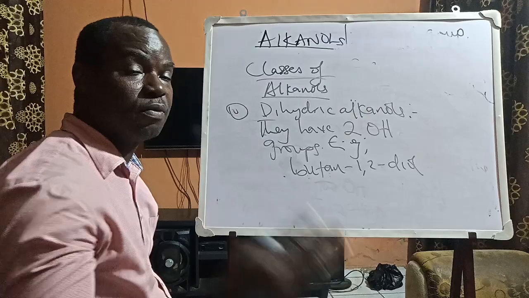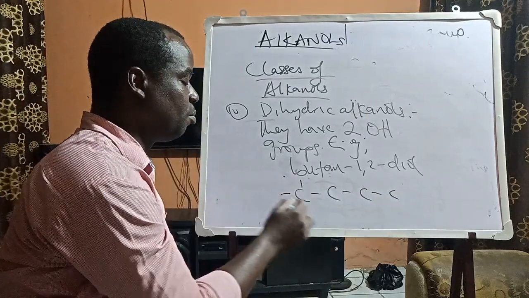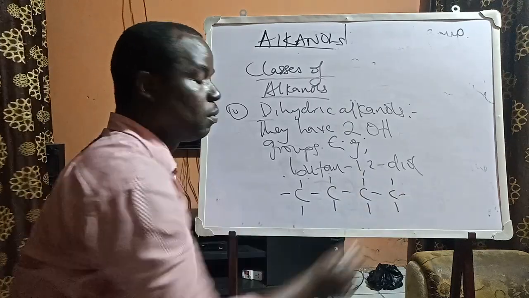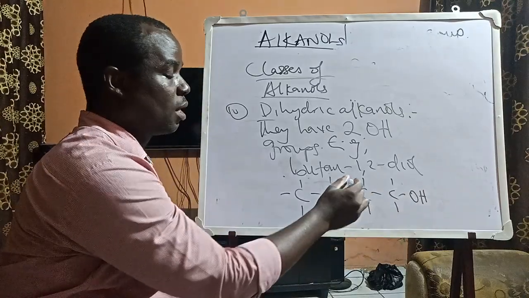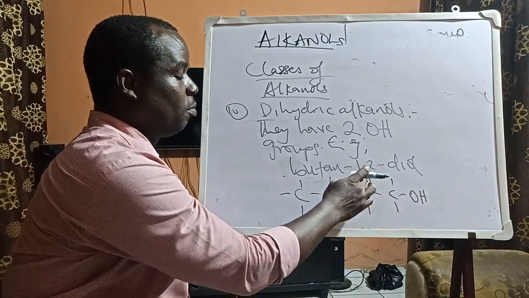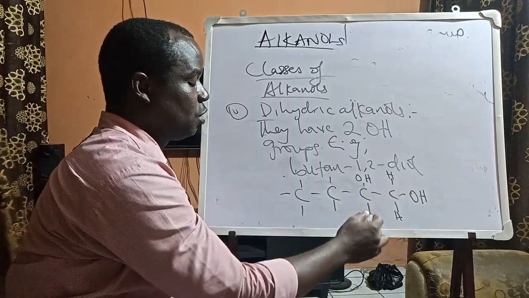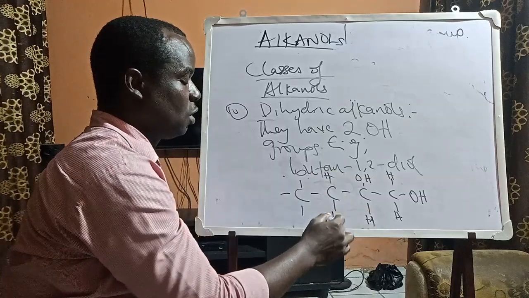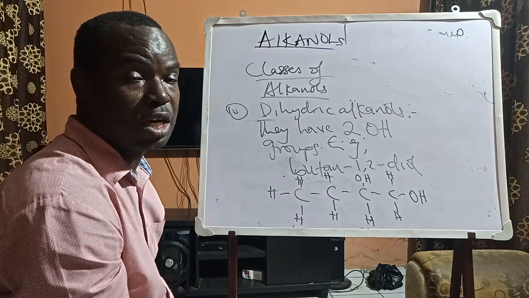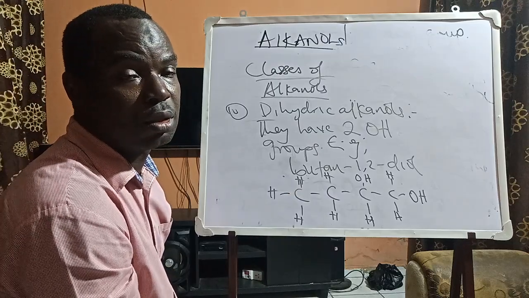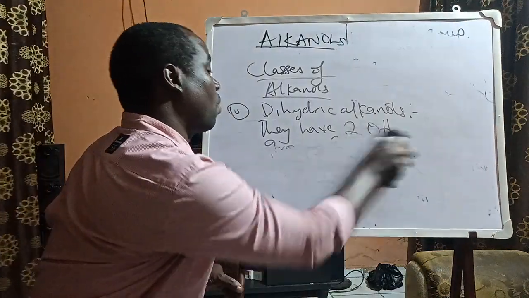What is butan? 4. So fill the bonds. Then 1,2-diol means I have OH here on number 1, and I have OH on number 2. Then the rest of the bonds should be hydrogen, hydrogen, hydrogen. So this is it. So anything diol means dihydric alcohol. So take note of that.